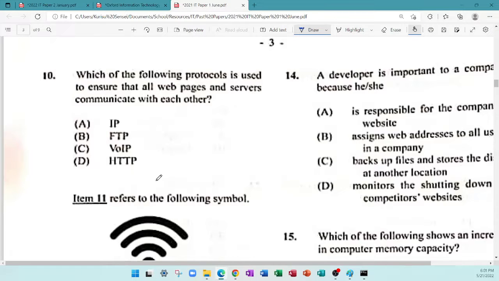That's the purpose of HTTP. But if you notice, the question is asking for a protocol so that web pages and servers can communicate with each other. But then once again, we can never know what CXC is actually thinking, and it could actually be HTTP because CXC mad like that.